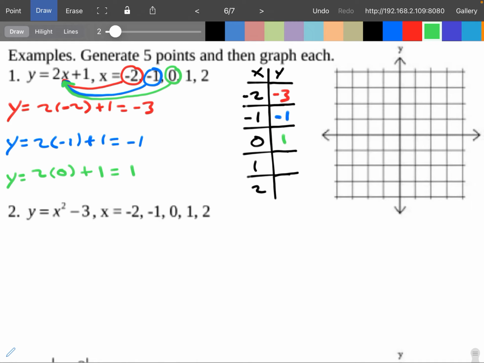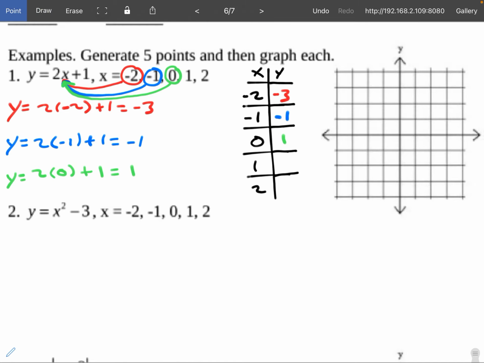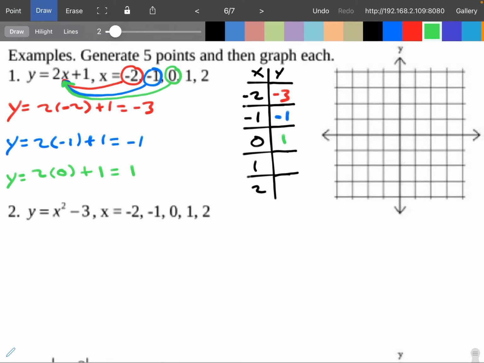So that goes there. And then it looks like I don't have a lot of room to do the last 2, but I'll just do them together with you guys real quick. So then we're going to take the 1, and we're going to plug it in for x right there. So 2 times 1, 2 plus 1. That'd be 3. So this one would be 3.